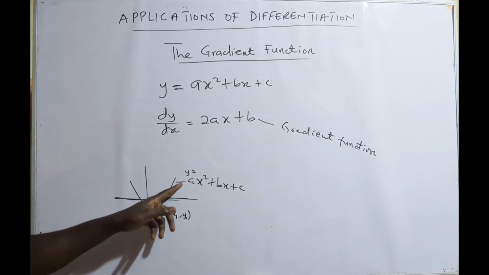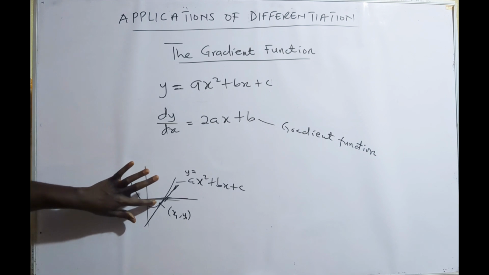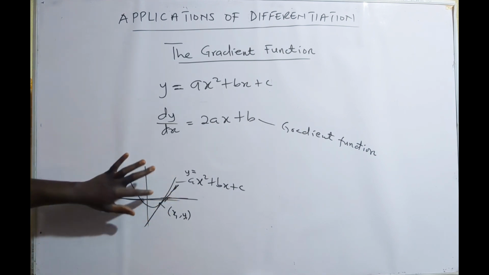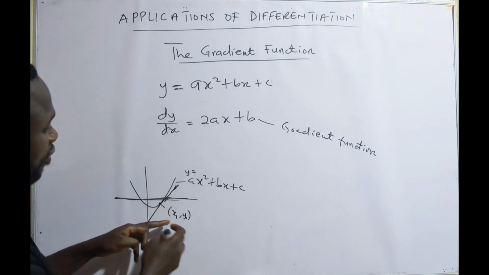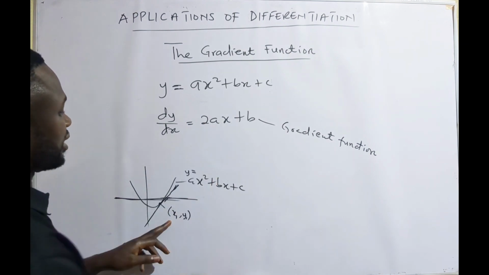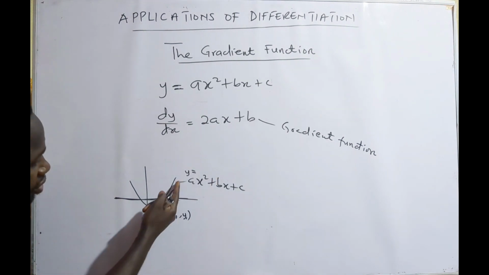When I want to find the gradient of this line at this point, if I substitute the value of x into the gradient function, then I'll get the gradient of this line.